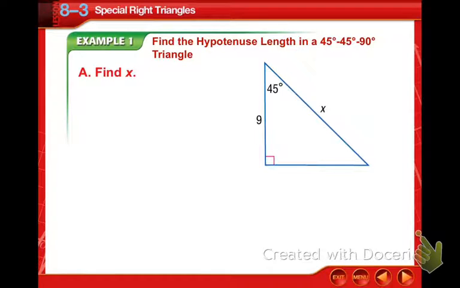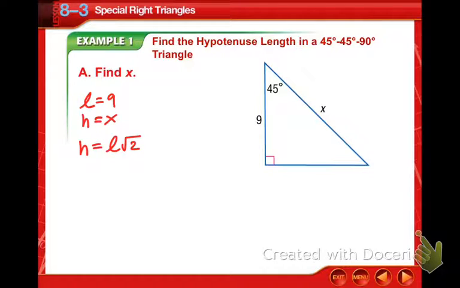So our first example with this is pretty basic. We're going to start by finding our hypotenuse, and we're given our leg is 9. So we know L is 9, and our H is X. We already know that H is equal to L square root 2.